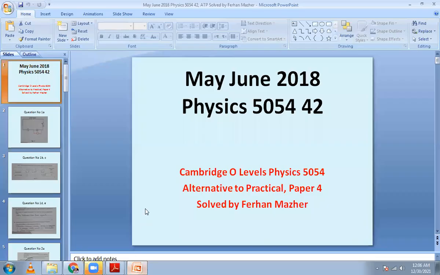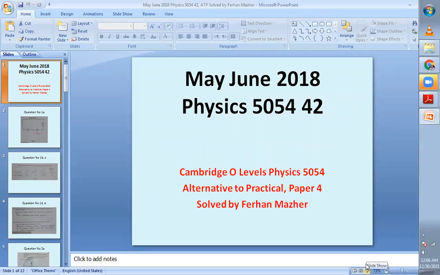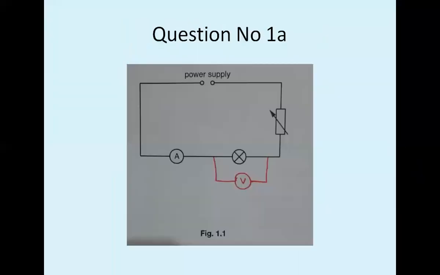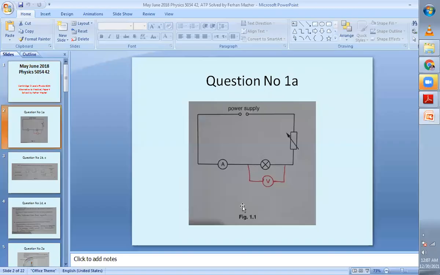Here on your screen, with the red color, I have shown a voltmeter connected parallel to the lamp. This voltmeter will be able to measure the potential difference across the lamp.